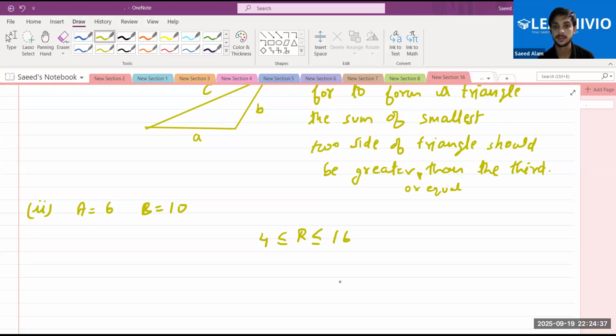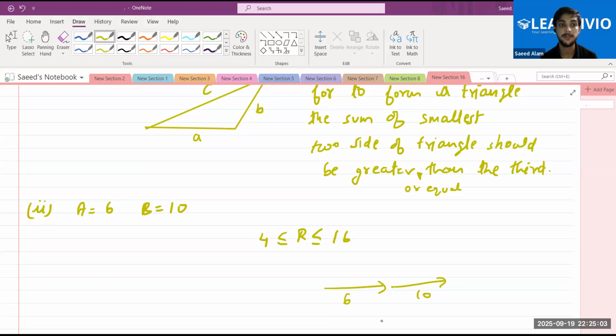Less than 16. Should I keep A and B like this only, straight one? This should be 6 and this should be 10. Yes or no? This is the only way that I can get the 16. Yes, 16.